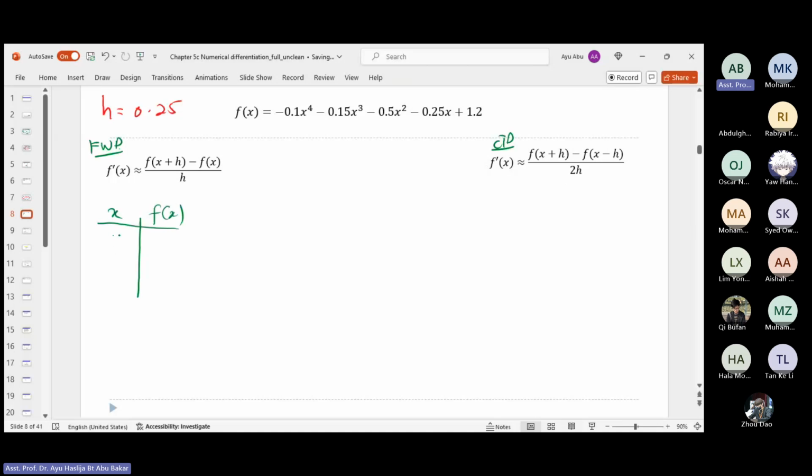Arrange your data based on your h, 0.25, so it will be 0.25 and 0.5.